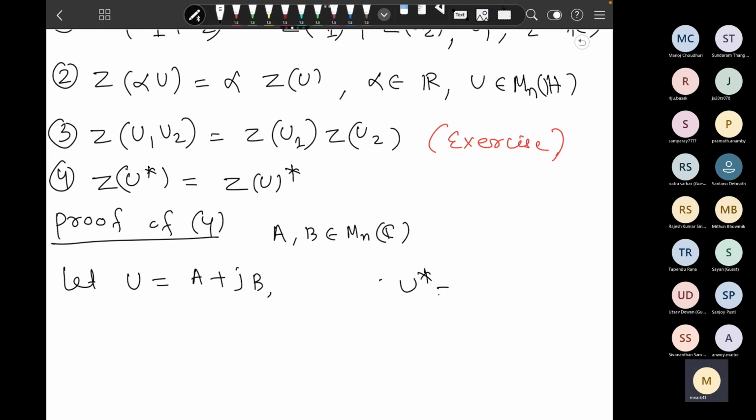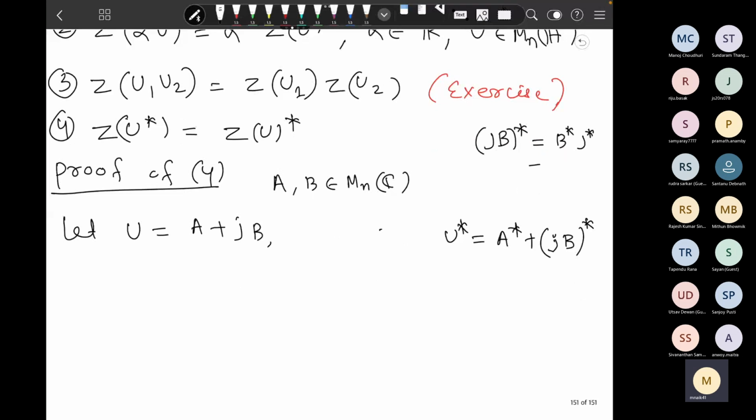U star is equal to A star plus JB star, taking the star of the quaternion JB. Now you use the fact that JB star is equal to B star J star. And J star is equal to minus J, right? So this will be minus B star J. So you get A star minus B star J.